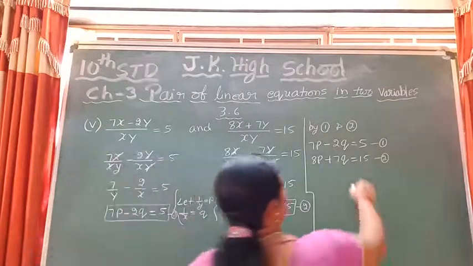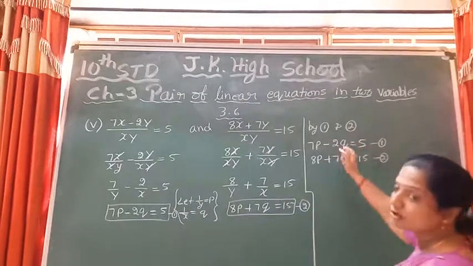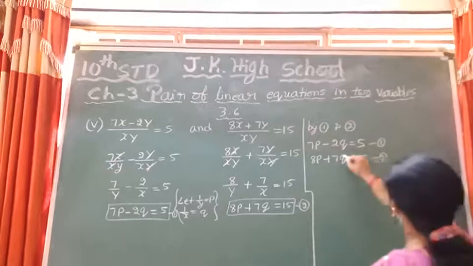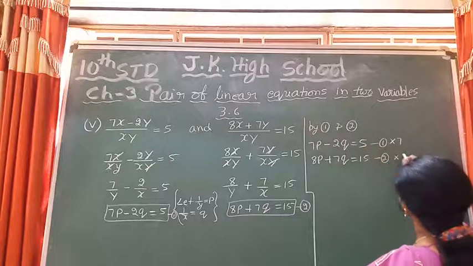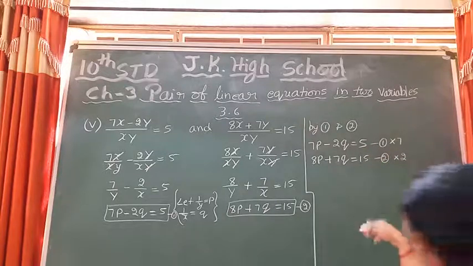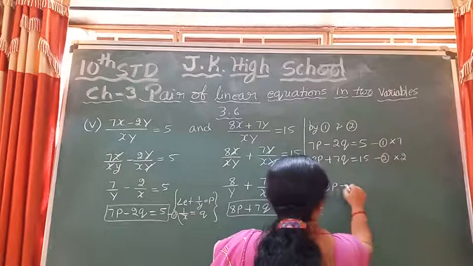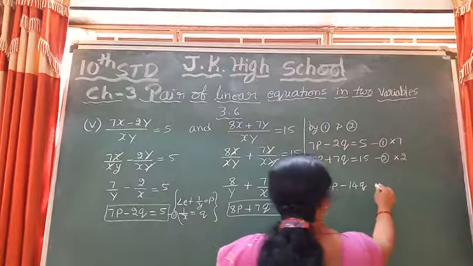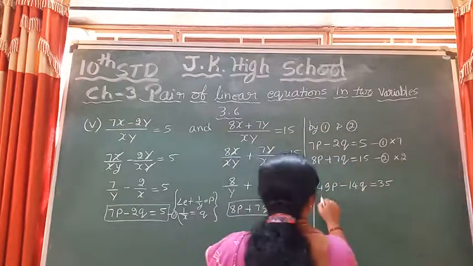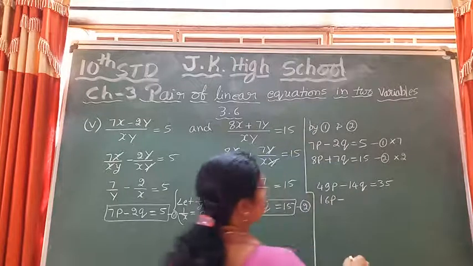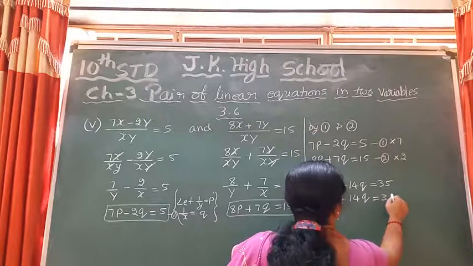If I interchange these two numbers and multiply, the numerical coefficient is going to become the same. So I multiply this equation by 7 and this equation by 2. After multiplication: 7 sevens are 49p minus 7 twos are 14q, 7 fives are 35. And 2 eights are 16p, 2 sevens are 14q, 15 twos are 30.